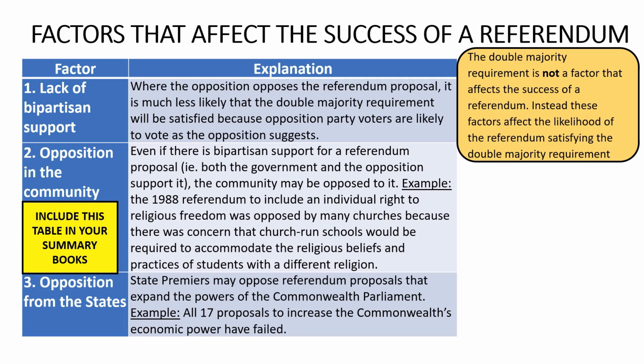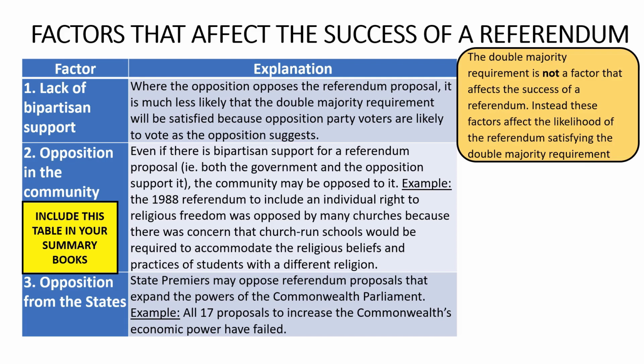Even if there's bipartisan support for a referendum proposal, the double majority requirement might not be satisfied if there is significant community opposition to the proposal. For example, in the 1988 referendum, it was proposed, among other things, to include in the Constitution the right of individuals to freedom of religion.